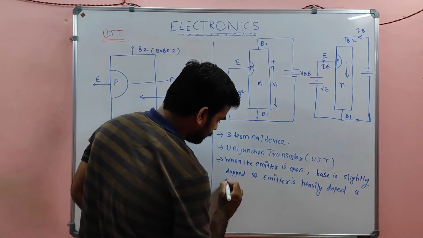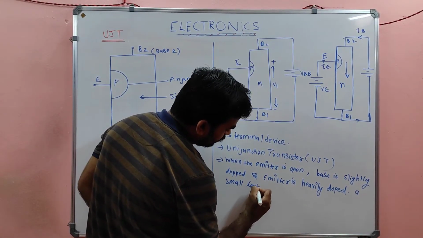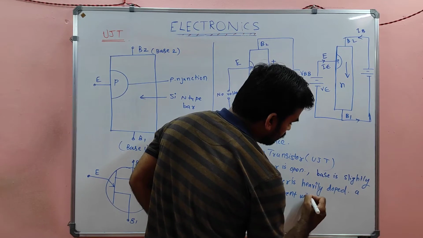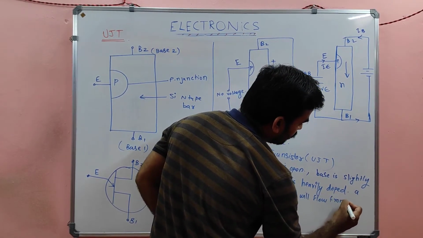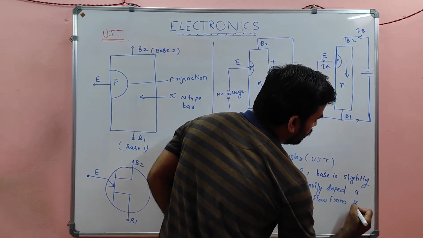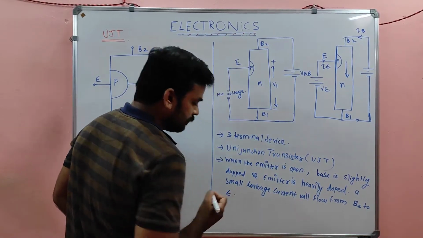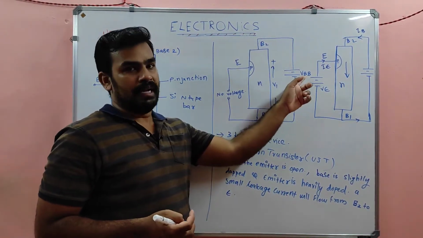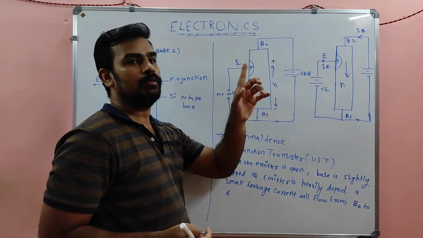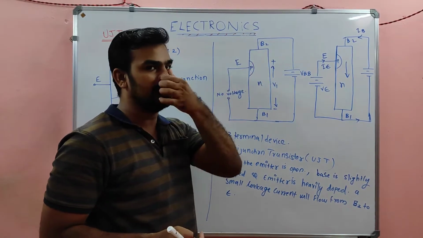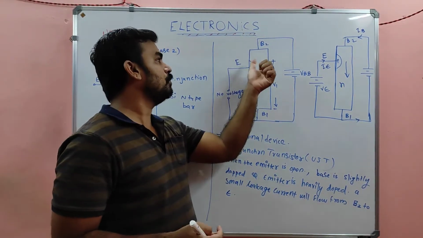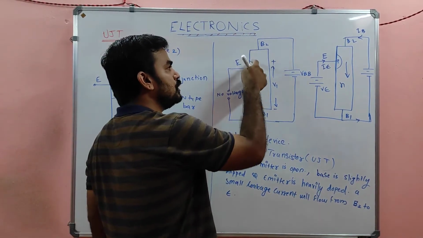A small leakage current will flow from B2 to E. When VBB is applied, that is the reverse biasing voltage, there will be a chance of small forward biasing of P, so a small reverse biasing current due to minority carriers will flow from the base to P.